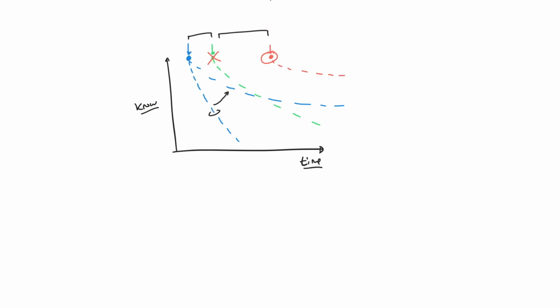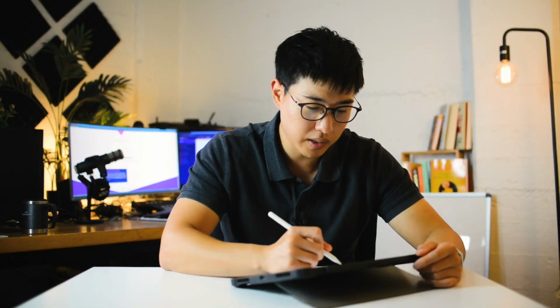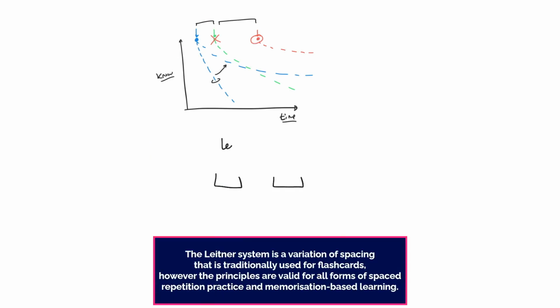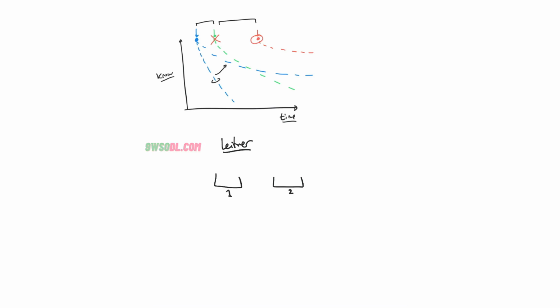However, when we look at this, we will quickly realize that that is not sustainable. And the reason is because of something called the Leitner system. So the Leitner system is a method of spaced repetition that allows us to prioritize the information that we forget more often. So for example, let's call this box number 1, box number 2, box number 3, and box number 4.